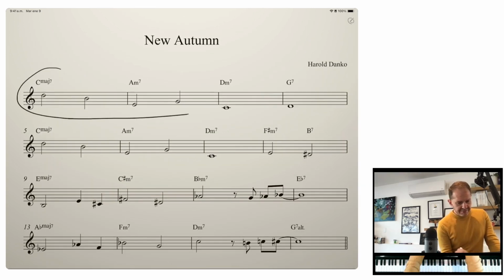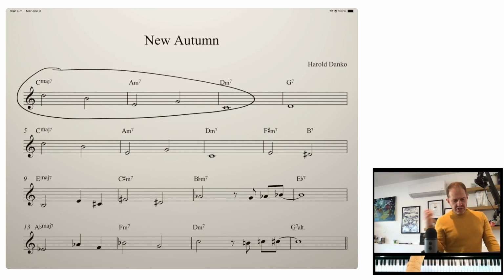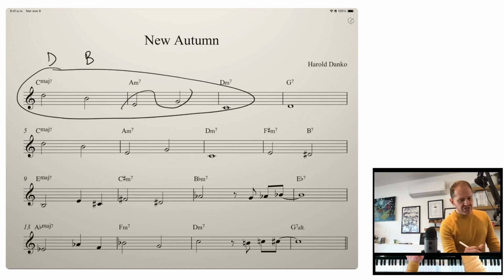This is just a C major 7 arpeggio played downwards with a little hitch in it. If we reverse the position of the G and the E, then we get D, B, G, E, C. I can't sing that low.